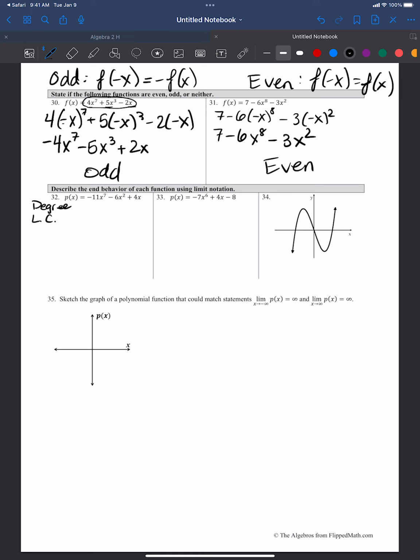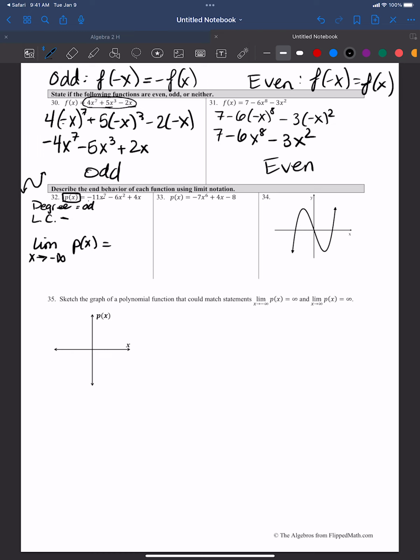So in this example, my limit as x approaches negative infinity, p of x, I'm going to use p of x because that's what they give me. Now this is an odd function, meaning it's going to look like a cubic one, but it has a -11, meaning that it's going to actually be flipped.